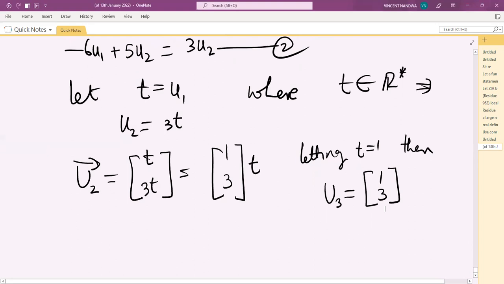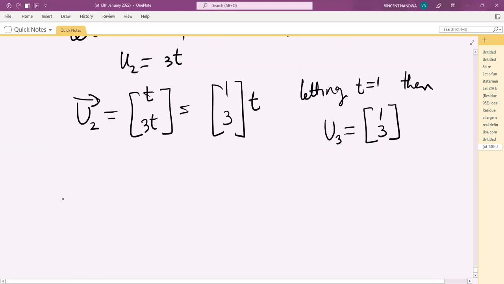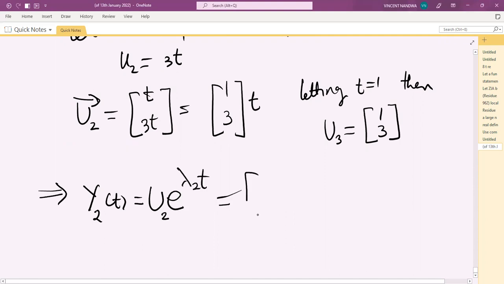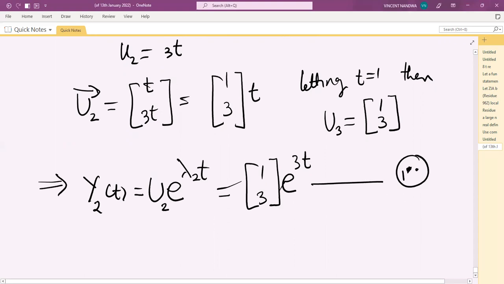So that implies that y2 of t is u2 e raised power lambda 2 t, which is [1; 3] e raised power 3t. So we can call this one y2, but you can call it any given name that you like.